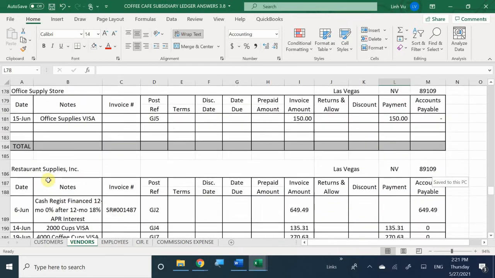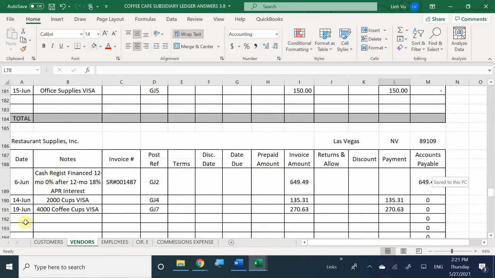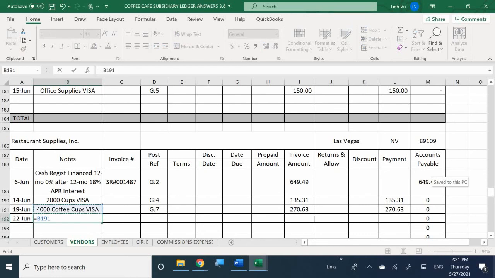It's like line 184. 6/22, purchase 2,000 medium cups, 2,000 large cups with Visa.